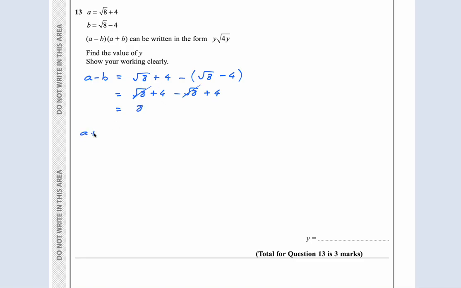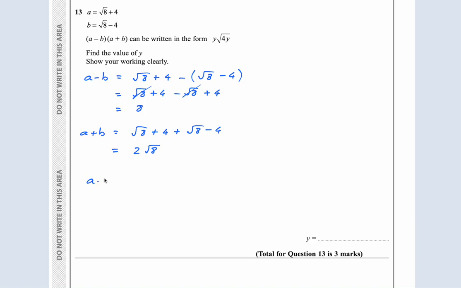Then A plus B is going to be root 8 plus 4 plus root 8 minus 4. This time the 4's cancel, and I'm just left with 2 root 8. Now I'm going to multiply these two together, guys, because it says this can be written in this form. This times this.